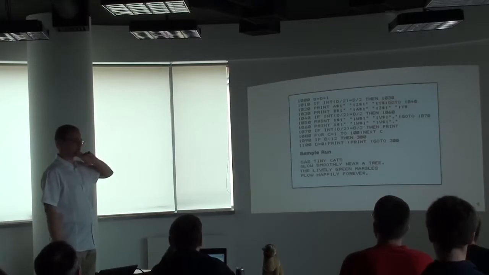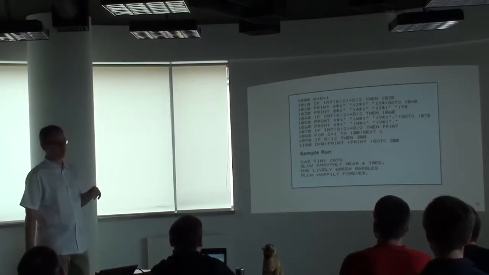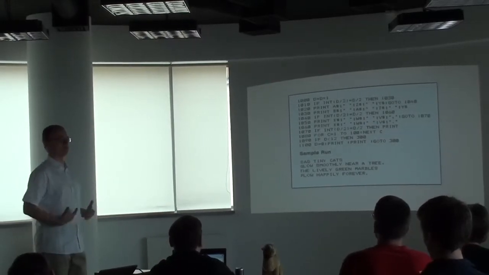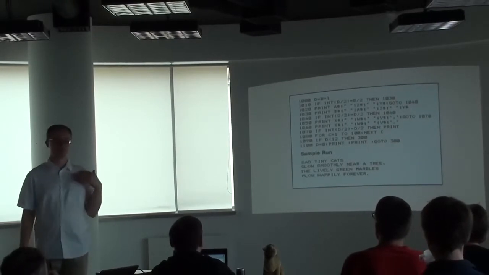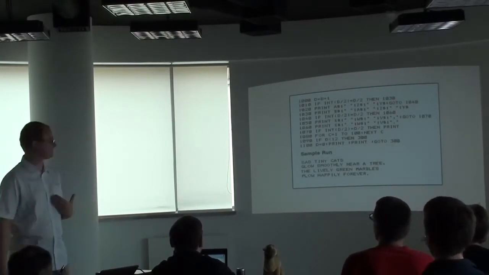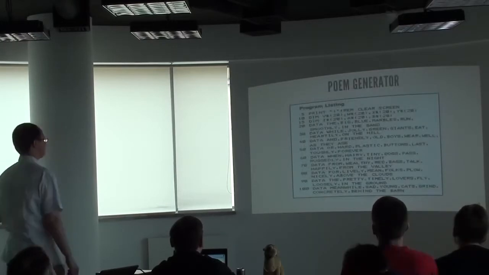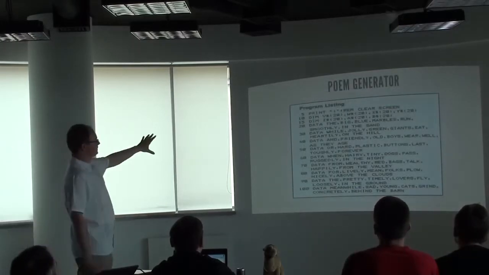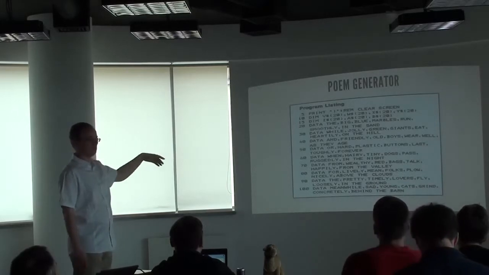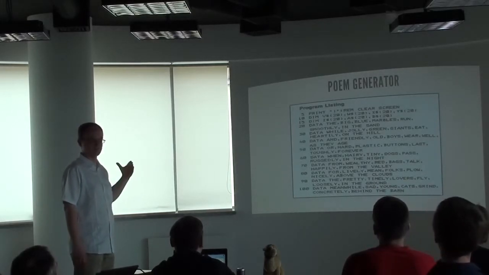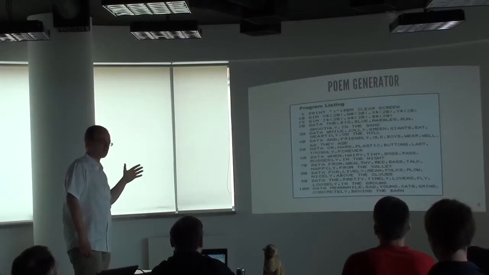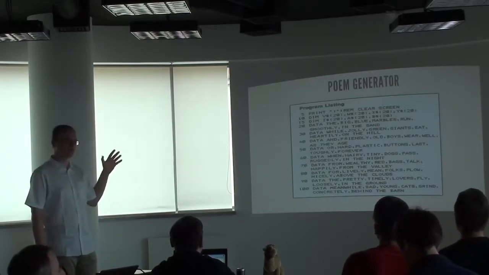This is the sample output, and as you see, it does its best to emulate human-produced text. How it does this is it stores sets of words in what we would call arrays, and the indexes of those arrays are meaningful.